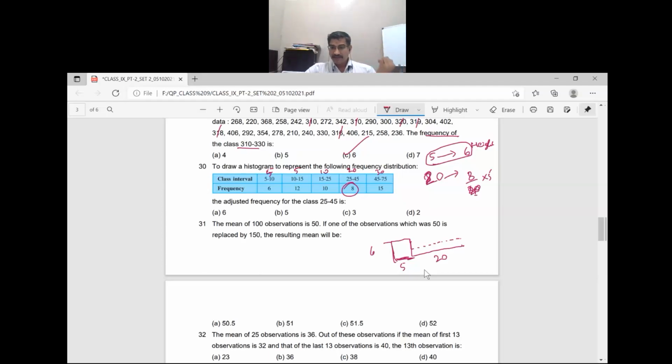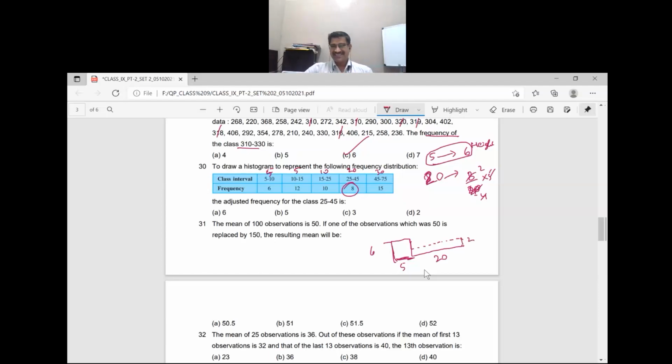But to compare, I must bring it to 5 chocolates. So the 20 chocolates costing 8 will be brought to 5 chocolates by reducing: 8 by 20 into 5. It gives 2, so 5 chocolates cost only 2 rupees.